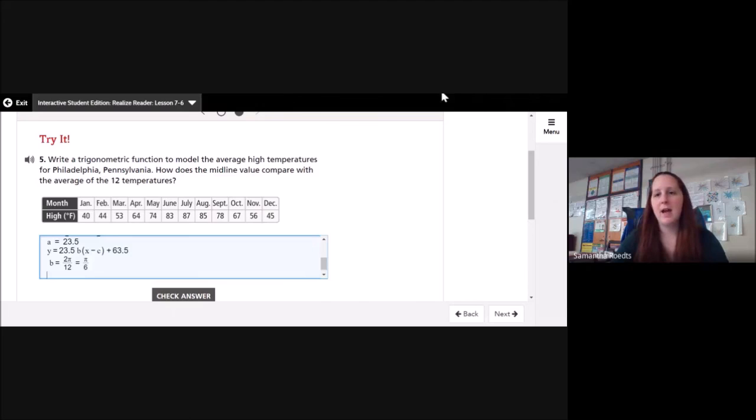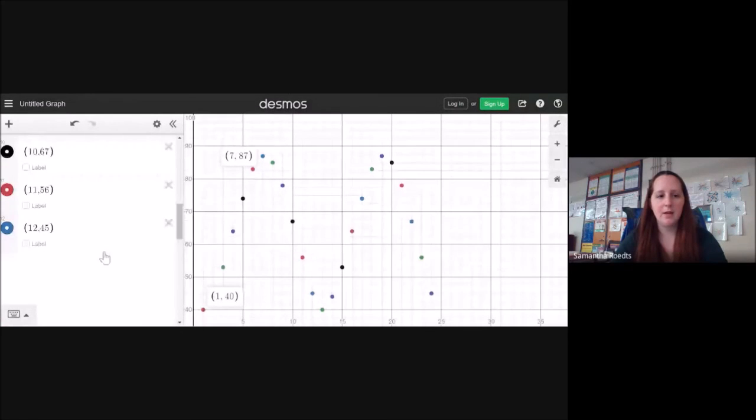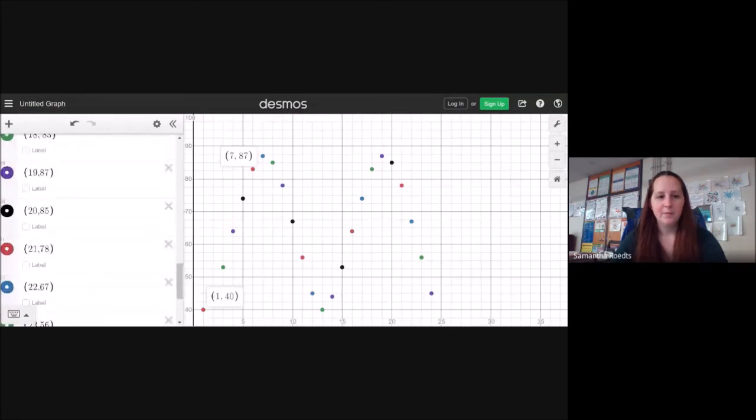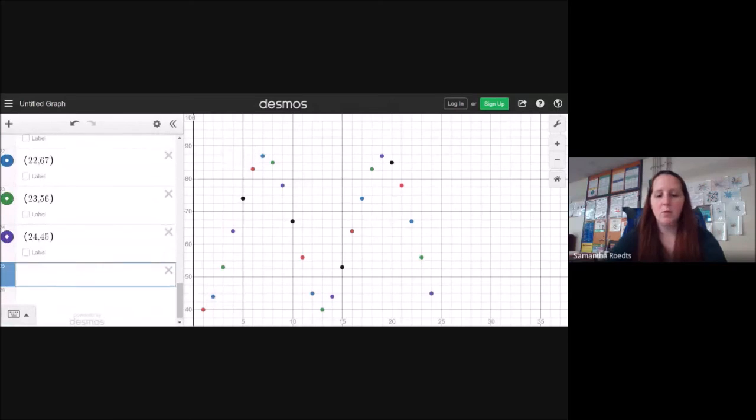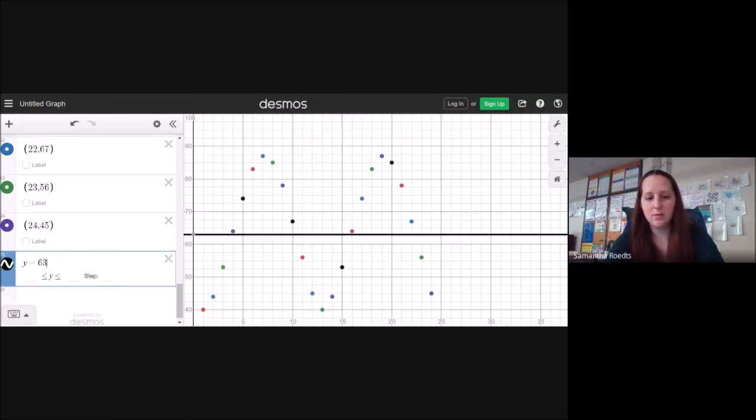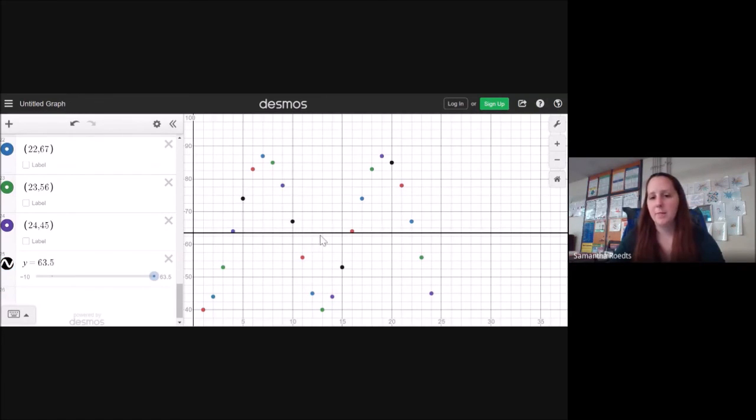And then if I look at my midline, so actually I'm going to add that in. So that's going to be y equals 63.5. Okay. So that'll just give me the idea. There's my midline. Okay, so this point comes up, which is 4, and 16 comes up. So it's about 4 would be approximately where my phase shift is.